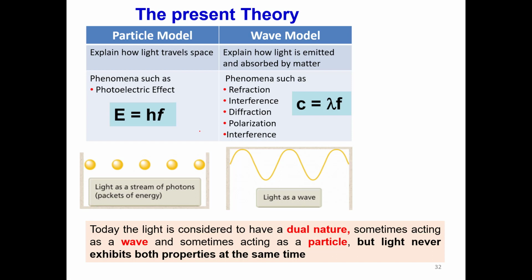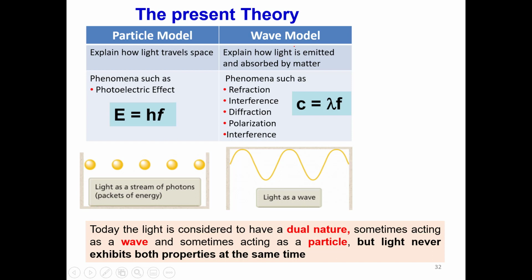What the scientists understand about the nature of light is the particle model can explain how the light travels in space, and can explain phenomena such as the photoelectric effect. This is how we can represent the particle model: light as a string of photons, packets of energy.